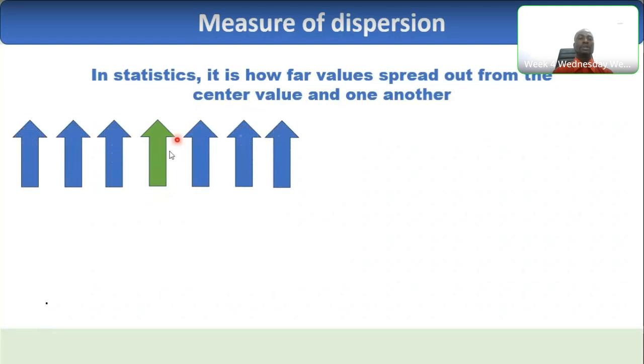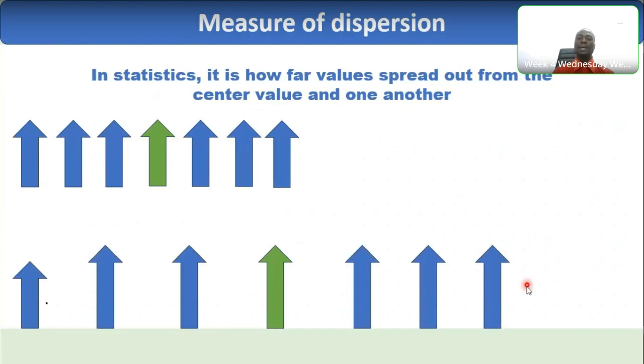If you look at this center value and all of these other values around it, let us compare it with another center value. This is also a center value, and let's see how other values are spread or arranged around this other center. So you can see the difference between this center and this center.